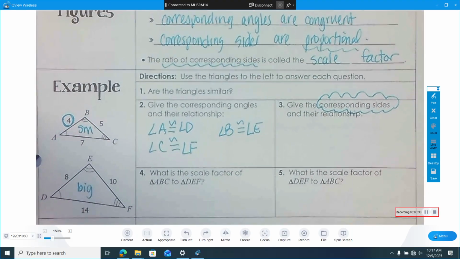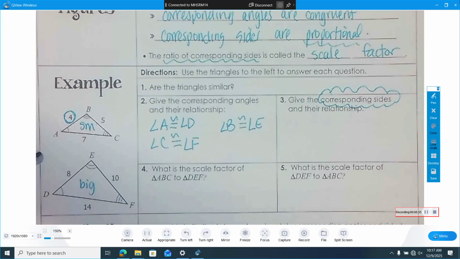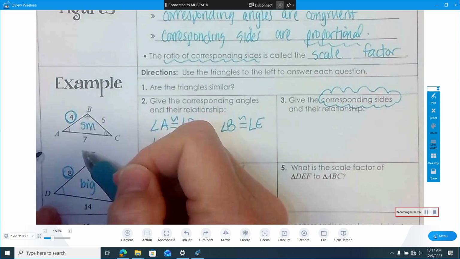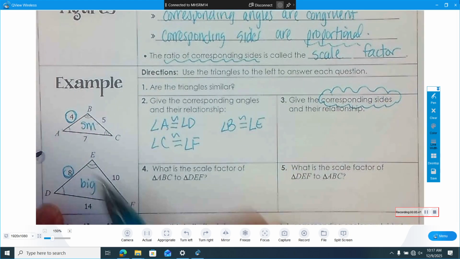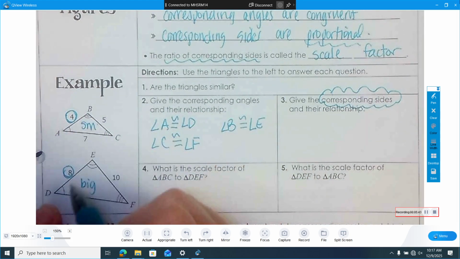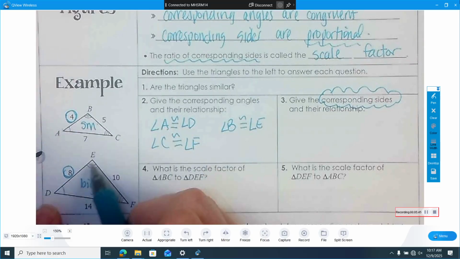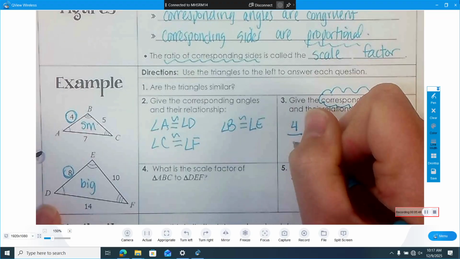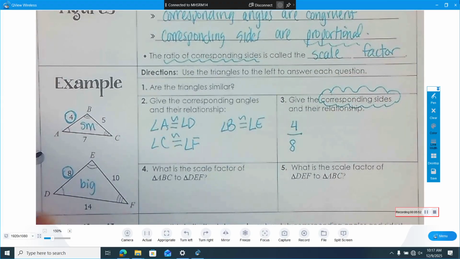Which side does that correspond to in the big triangle? Yeah, DE. It corresponds with the 8. They're sort of in the same position. We can also see that we have a single and a double arc mark there. So the side 4 corresponds with side 8. And because they're corresponding, we can set up a little ratio. Small on top, big on bottom.